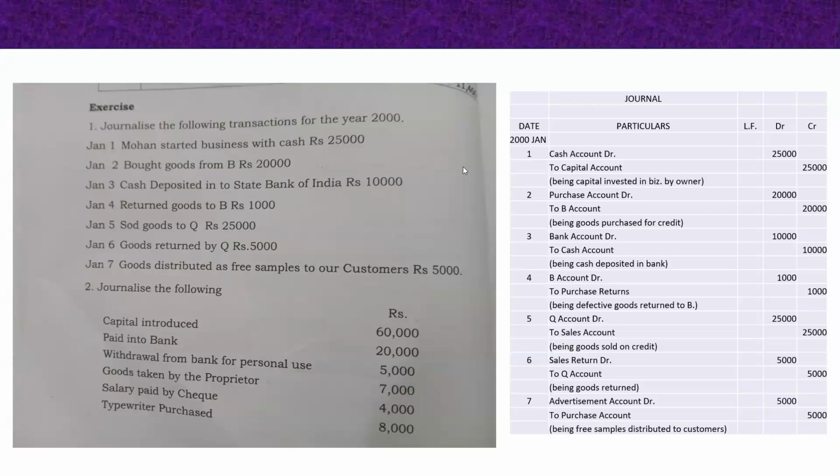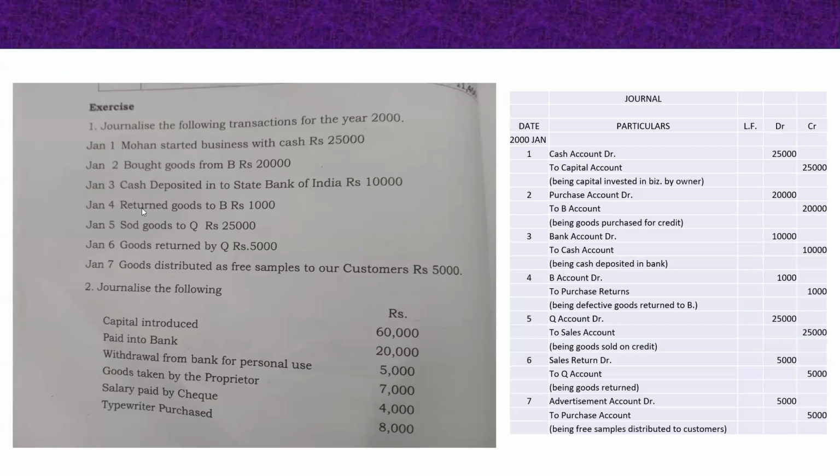Mohan started business with cash, that is cash account to capital account 25,000. Bought goods from B, again purchase account to B account, since it is a credit purchase because cash is not mentioned here. And then cash deposited in State Bank of India 10,000. So it goes to the bank. Here the bank is the receiver, so I have written bank to cash account.